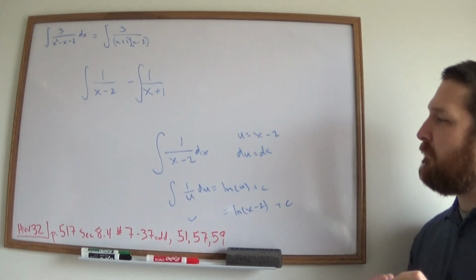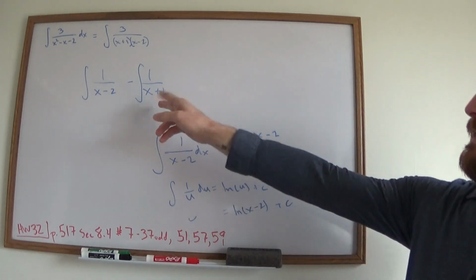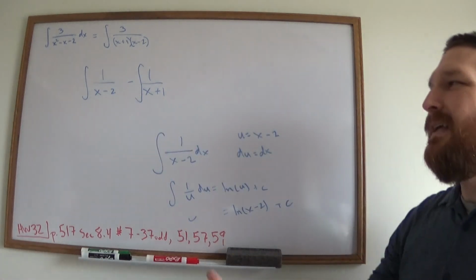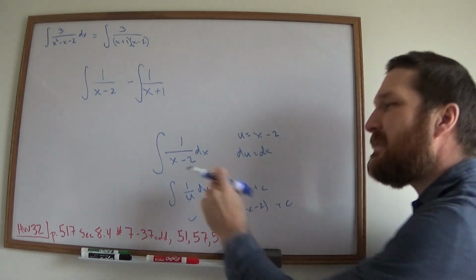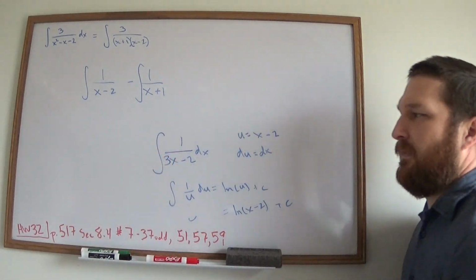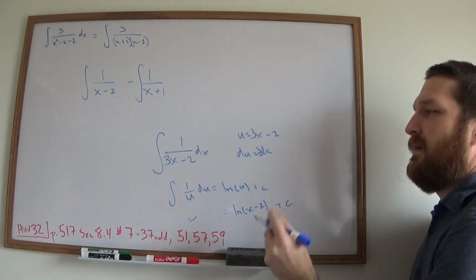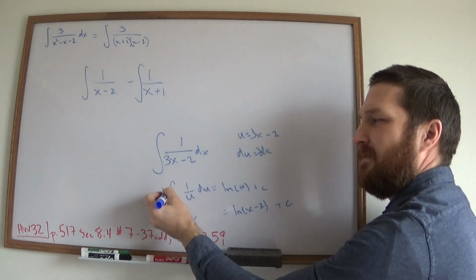And so it's kind of nice if it's not like 2x minus 2, and even if it is, let's say it were 3x minus 2. This would be 3x minus 2, and this would be 3 dx. So I would just divide through by 3.